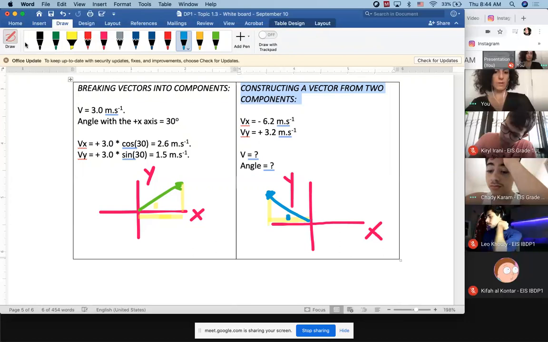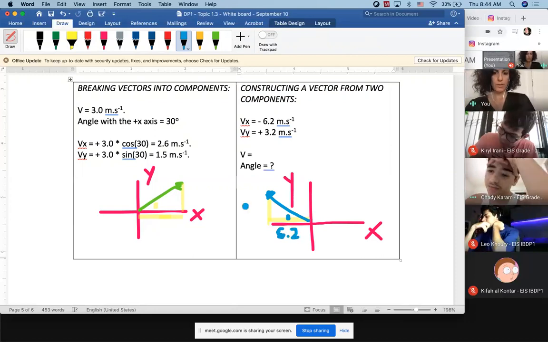How would you find V? You can do whatever you want. Maybe I can help you out by showing you that this is 6.2 and this is 3.2. Let me know if my internet is glitching.